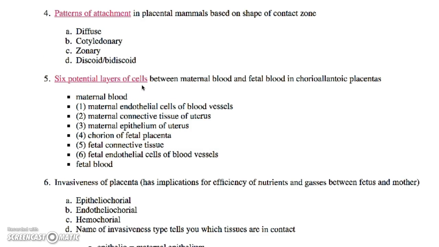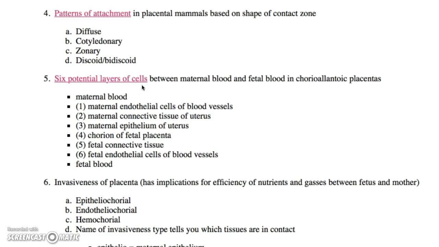And so if we look at what is going on at a microscopic level, where the tissues of the placenta come in contact with the uterus of the female, there's several different types of connections there.